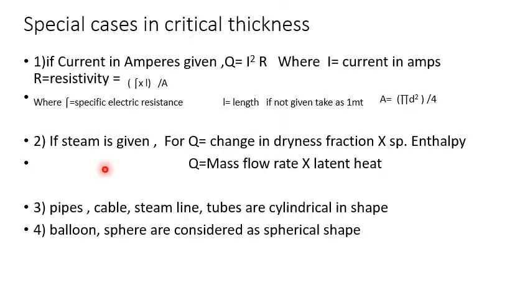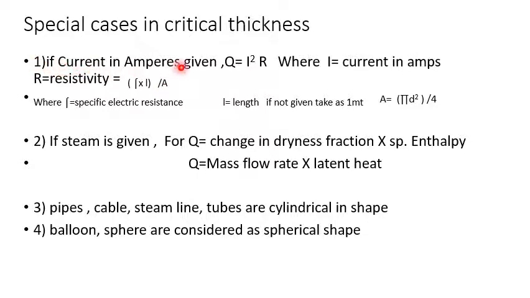Let us see the special cases in the critical thickness. If the current is given, then the Q value can be found by the formula Q is equal to I square into R, where I stands for current in amps and R is the resistance, and that is nothing but specific resistance into length of the wire divided by area.